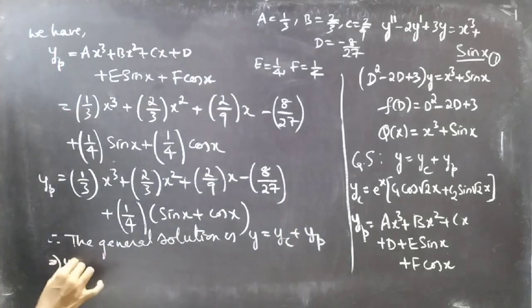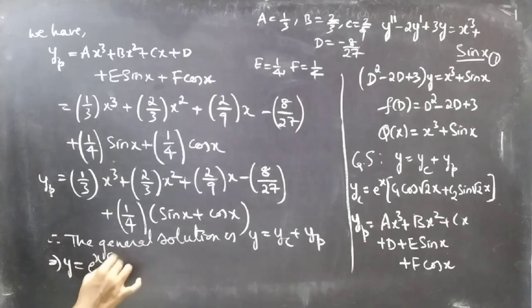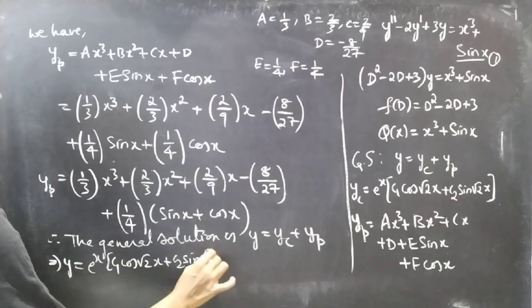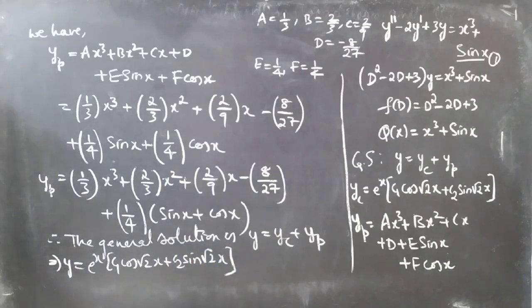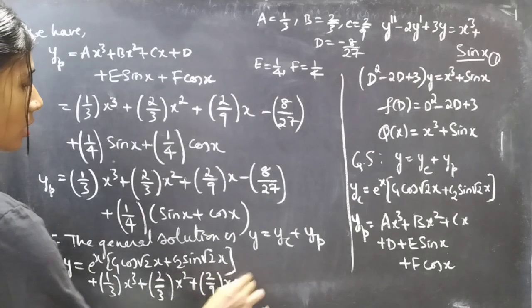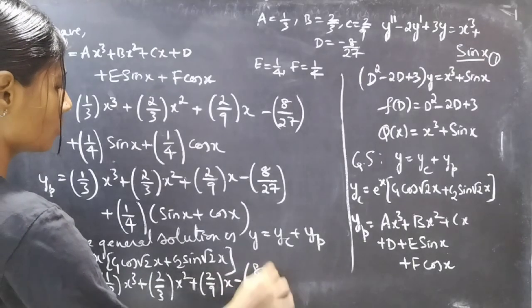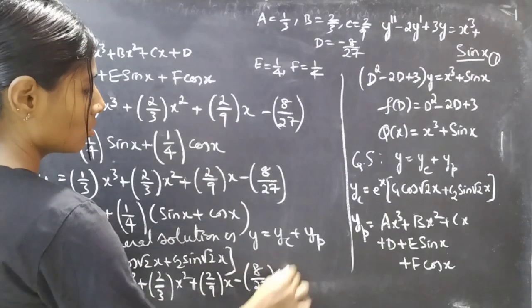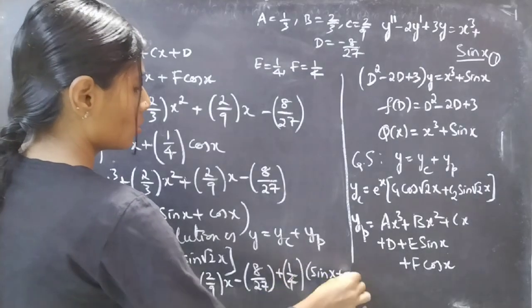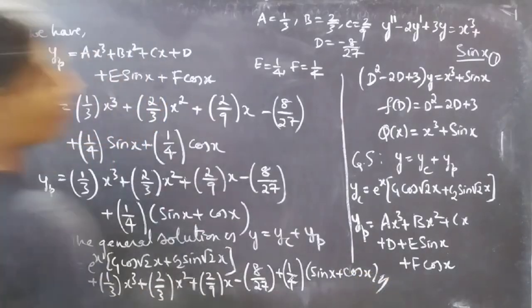Then y equal to yc, c e power x into c1 cos root 2x plus c2 sin root 2x plus yp, 1 by 3 x cube plus 2 by 3 x square plus 2 by 9 x minus 8 by 27 plus 1 by 4 into sin x plus cos x, which completes the problem.